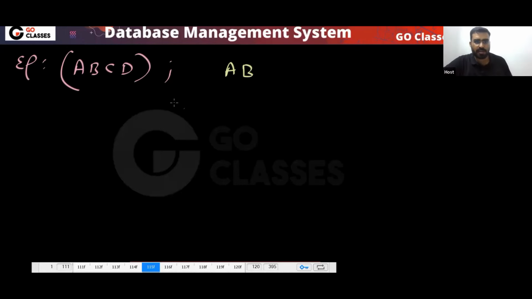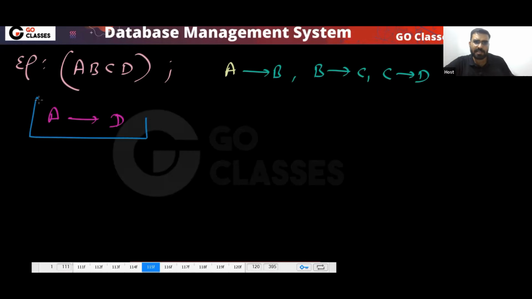So this is another relation. I am giving you a relation R(A, B, C, D). Now consider this example: A determines B, B determines C, C determines D. Tell me, what about A determines D? Is this dependency partial?